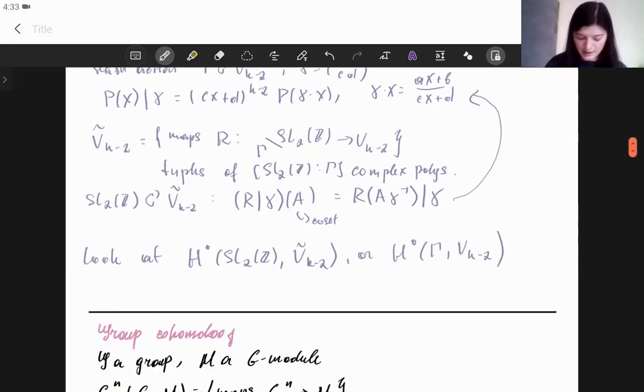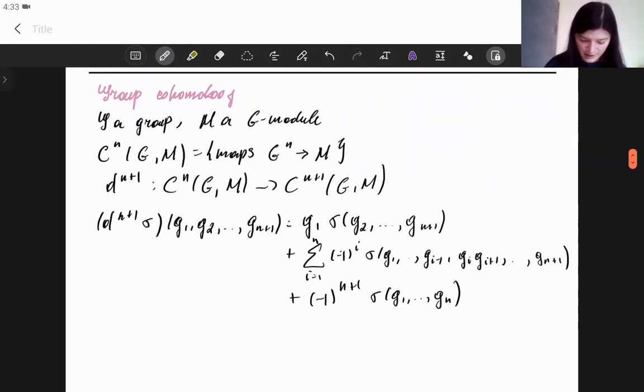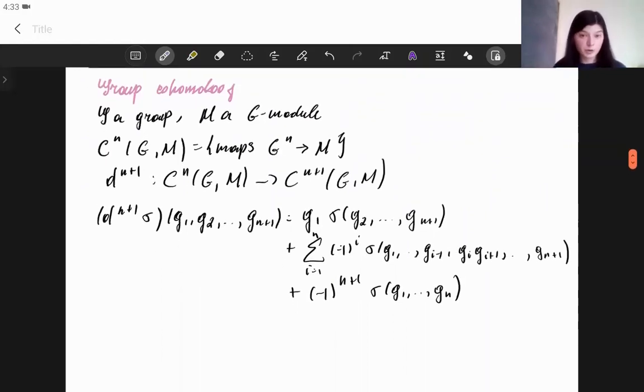All right, I will do a very quick refresher of group cohomology. So if we take G to be a group and M a G-module, we can define some abelian groups, C^n(G, M), to be the maps from n copies of G into M. I should say that G^0 is just the identity.